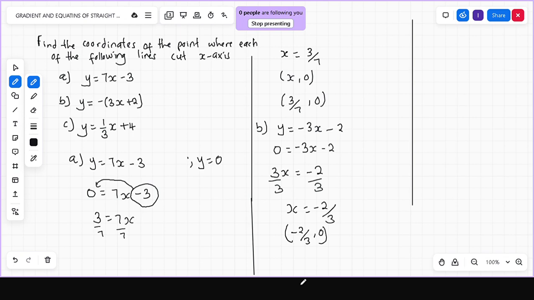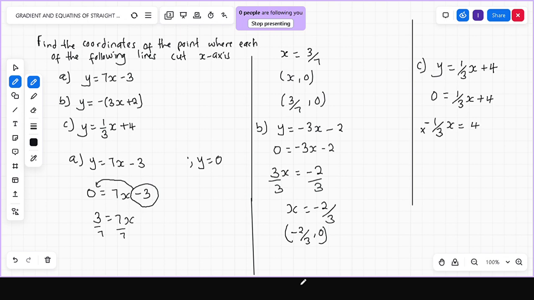Now the last example, y equals a third x plus 4. But now our y is 0. Substituting y with 0, we have 0 equals a third x plus 4. So this a third goes across, and we got negative a third x equal to 4.